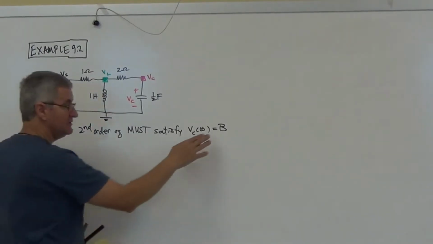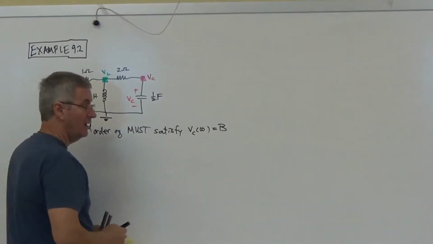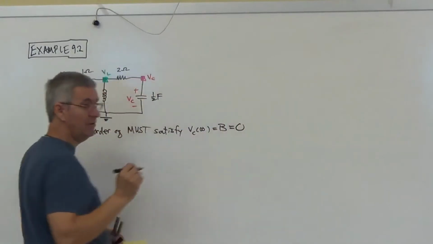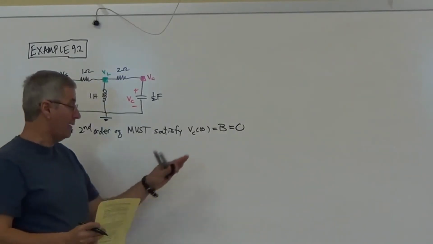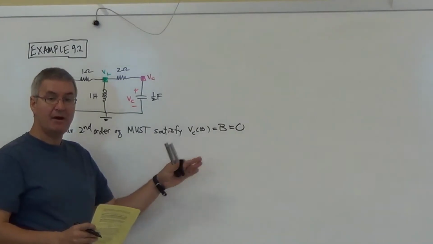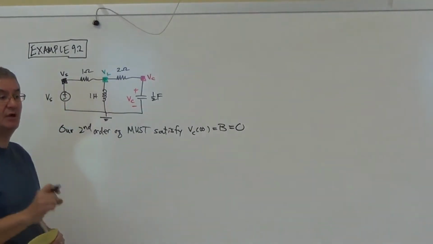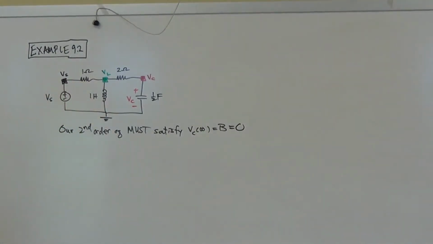So immediately we see that B has to be 0. The inductor kills off that whole branch. So when I look at my equation, I better have 0 terms on the right. I better get 0. If I don't get 0, there's a problem. And then that's when I say, go back and figure it out.